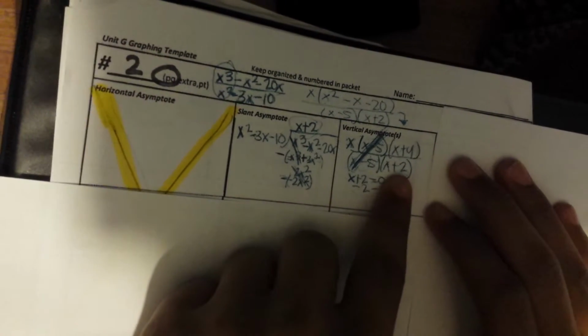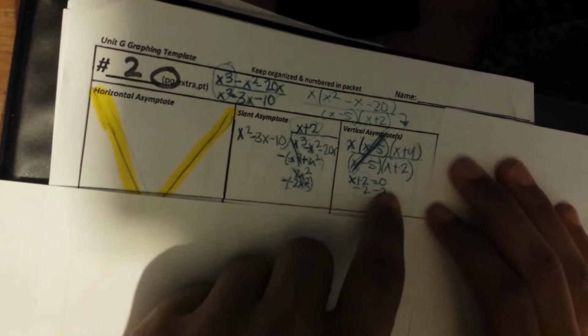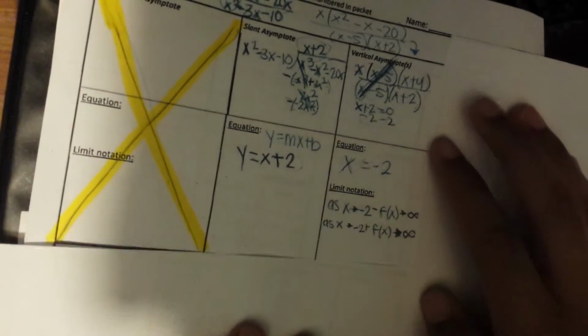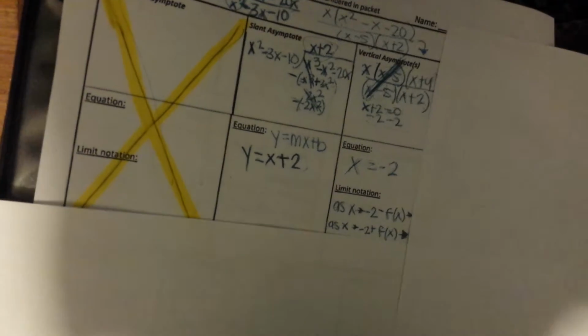Then you set the denominator to 0, which is x plus 2 equals 0, subtract 2, and your equation will be x equals negative 2. Then you do the limit notation. You use your calculator.